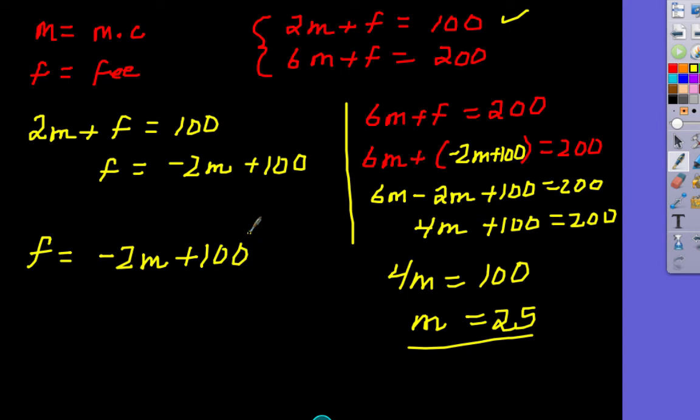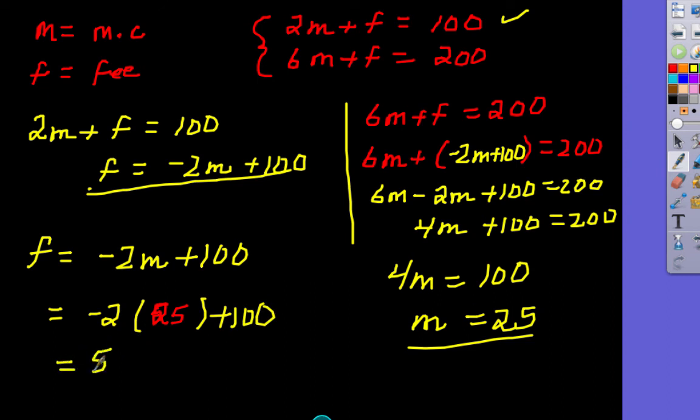That's our first equation we solved for, right here. So we take that 25 and plug it in for M. So that ends up being 50. So our M is equal to 25, that's our monthly charge, and our initiation fee, F, is equal to 50.